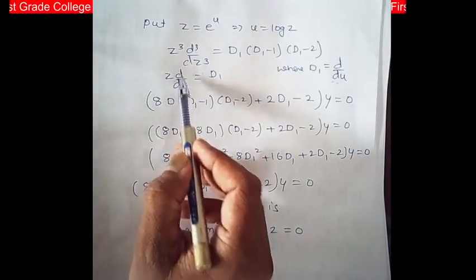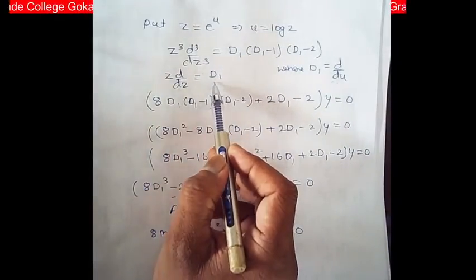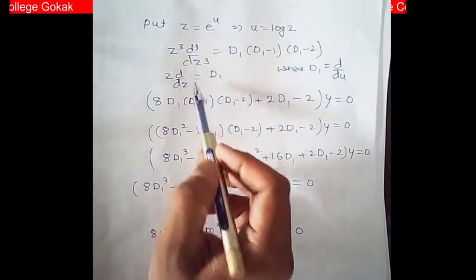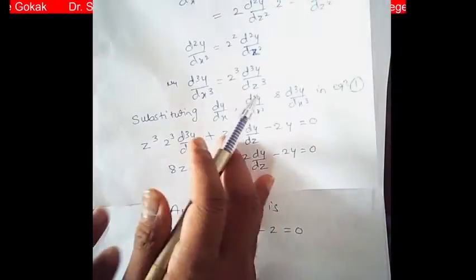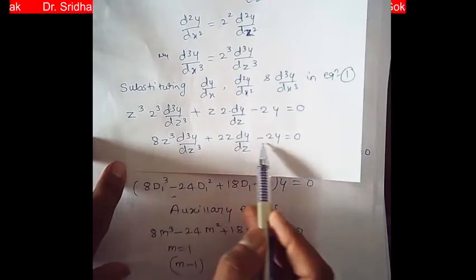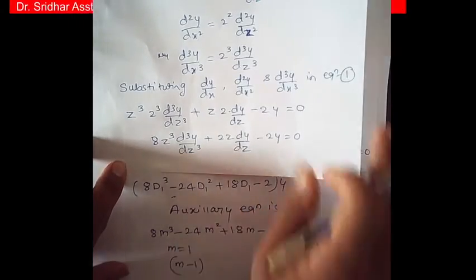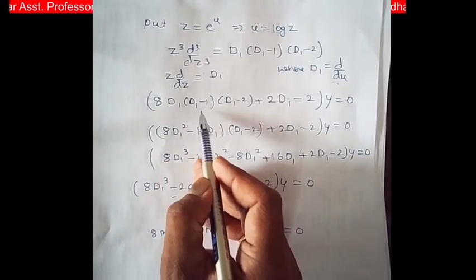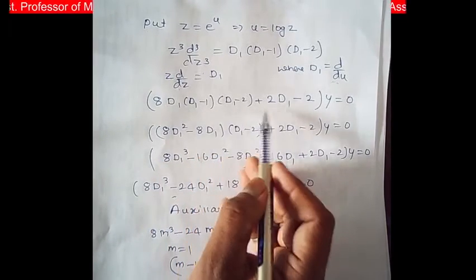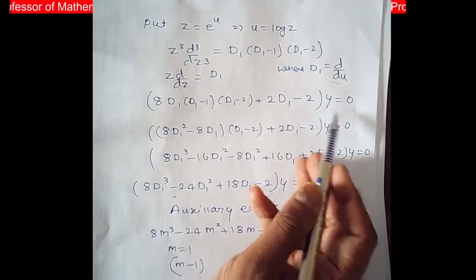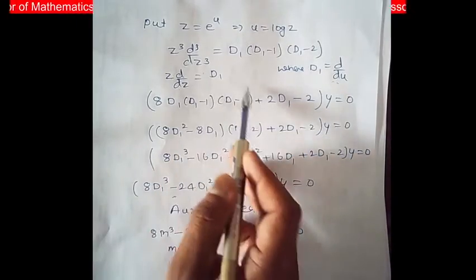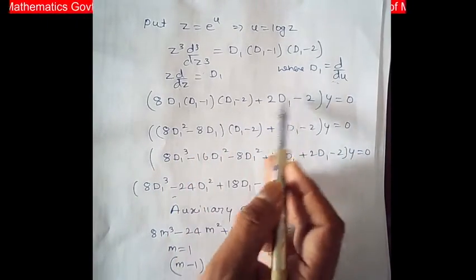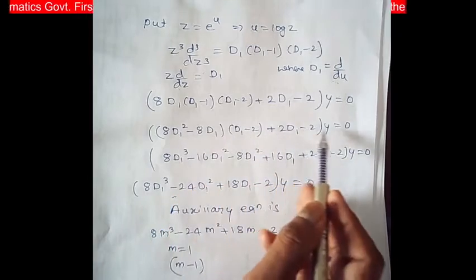Next, z into d by dz is nothing but D1. Now we substitute all these in this equation, so we get 8 into D1, D1 minus 1, D1 minus 2 plus 2 into D1 minus 2, y equal to 0.